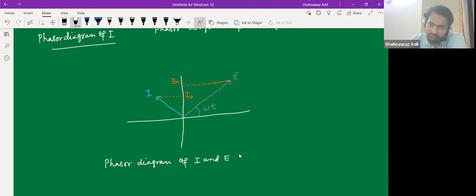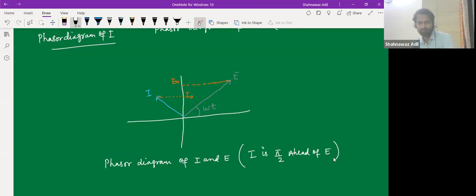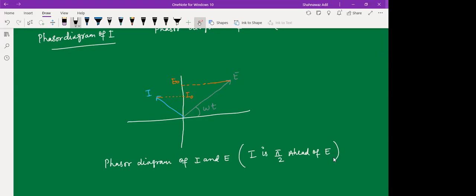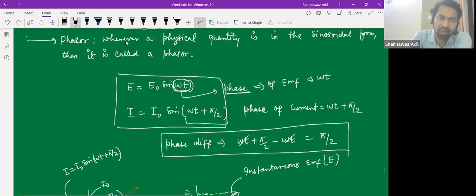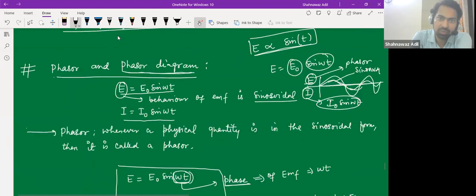And from here, you can clearly see that the current is pi by 2 ahead of E. Is this clear, guys? Yes. So this current is pi by 2 ahead of this voltage here, right? Okay, so if it is clear, then please note down this part.